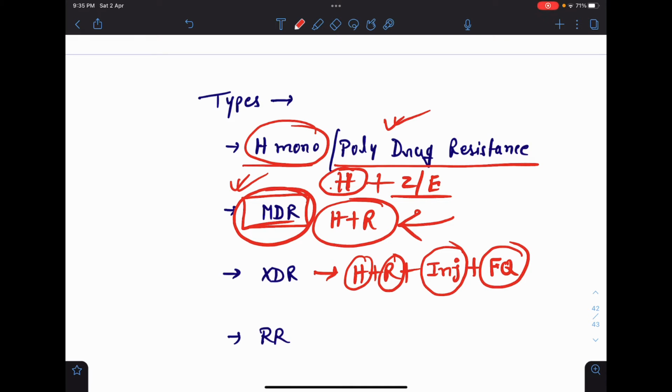RR stands for rifampicin resistant tuberculosis. That means the particular strain is resistant against rifampicin.